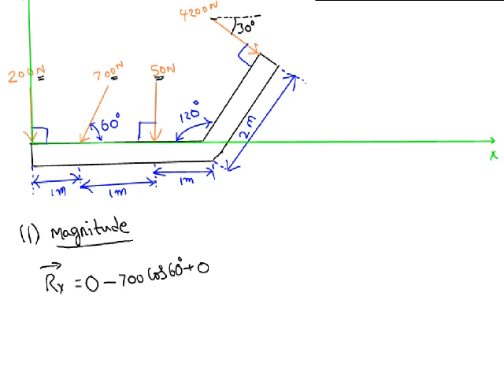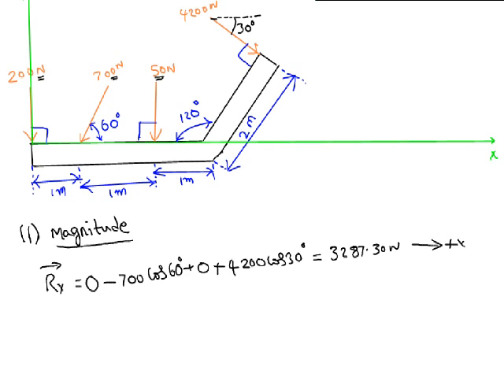And this 4200 Newton force has an x component of 4200 cos 30 degrees. Because it is in the fourth quadrant, its x component is positive. If you punch in the numbers and find out, you will get this Rx is 3287.30 newtons, and it is along positive x-axis.